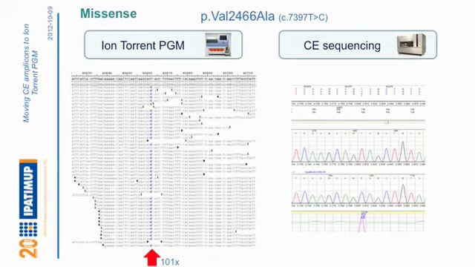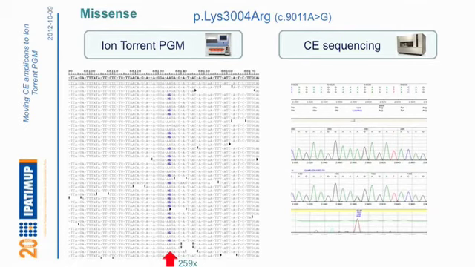This shows a homozygous alteration on BRCA2 that is clearly pointed out by the data analysis and confirmed by Sanger sequencing. Here you have a heterozygous alteration that was also clearly seen in Sanger sequencing, and we had a very balanced alteration also on the Ion Torrent PGM.